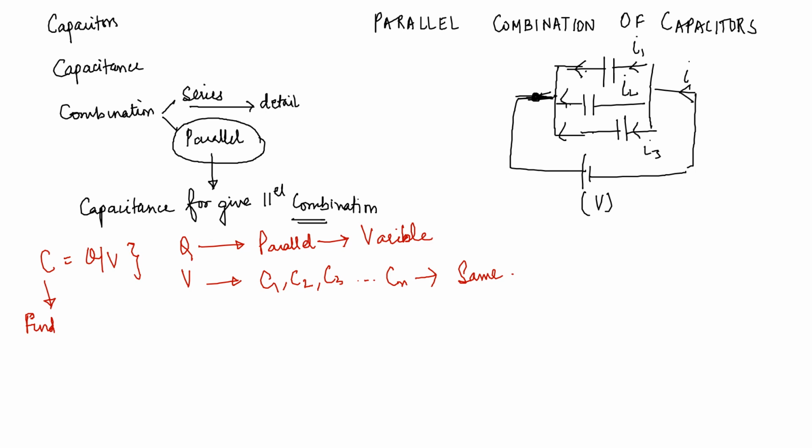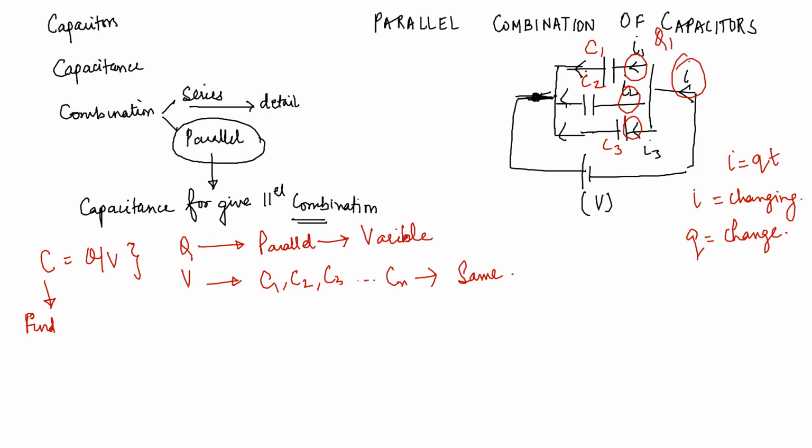So here, what is current? Current is charge per unit time, I equals Q upon t. So if current is changing, it is very much clear that our charge will also change. So when this current is passing as I1, I2 and I3 through capacitors C1, C2 and C3, there is a charge Q1 over here, Q2 over here and Q3 over here.